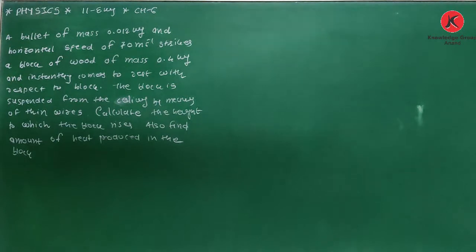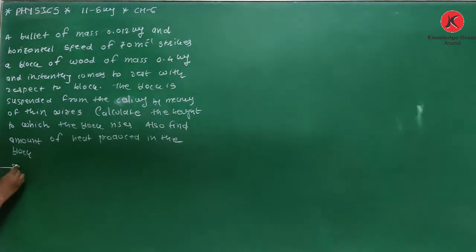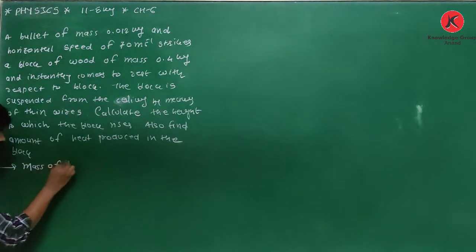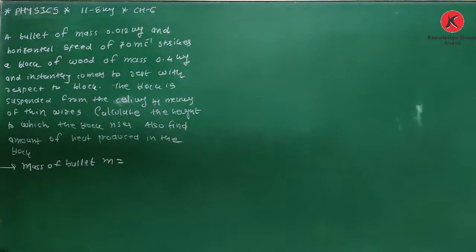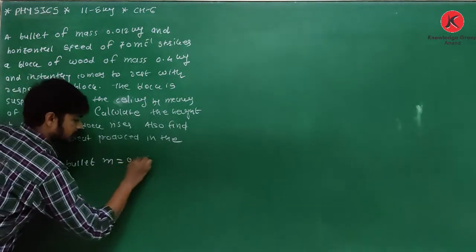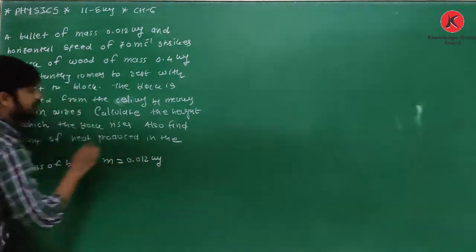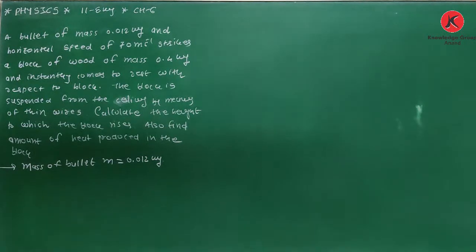See what the question is here. A bullet of mass, so here I have to write small m. Mass of bullet, that is small m, is equal to 0.012 kg, and horizontal speed of 70 meter per second.